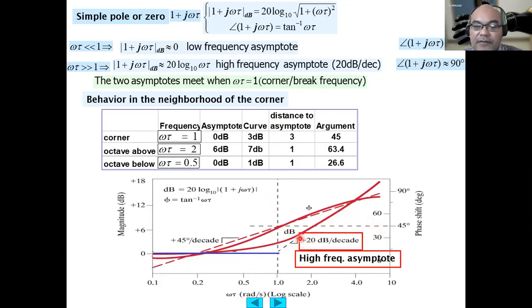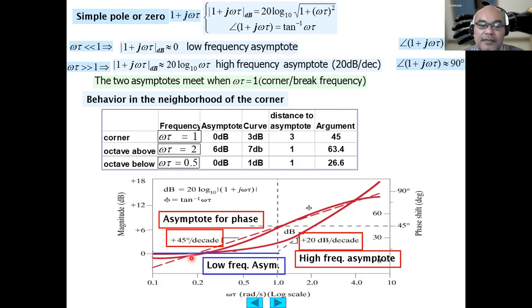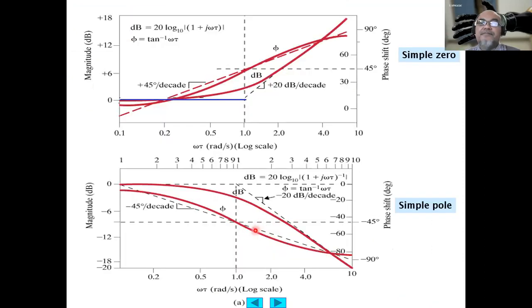Then, this is the high frequency asymptote. It will increase linearly as a function of the log scale here with a gradient of 20 decibel per decade. This is the low frequency asymptote, the blue part here. This is the asymptote for the phase, with an increase of 45 degrees per decade.